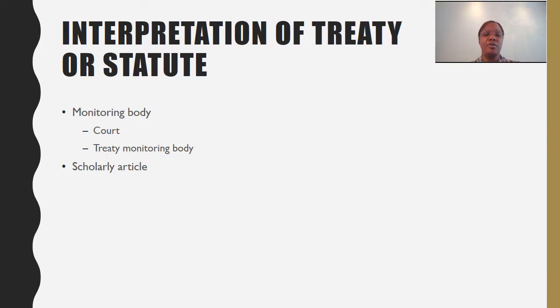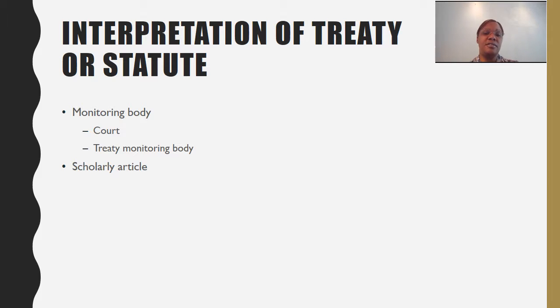So then, after looking at a treaty, how would you now know how to interpret the treaty or the statute? And when I talk about interpretation, I'm not referring to the interpretation that's discussed, for example, in the Vienna Convention. Instead, I'm talking about who has the right to tell you what the individual articles or sections of a treaty or statute mean.